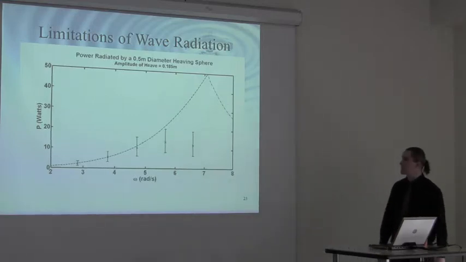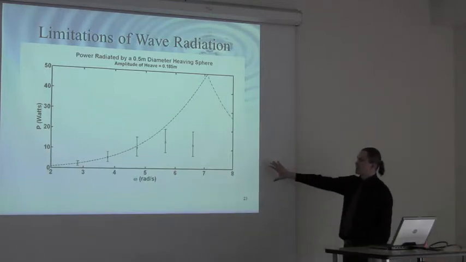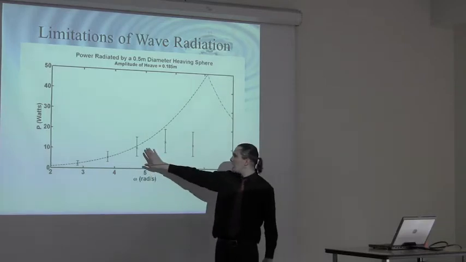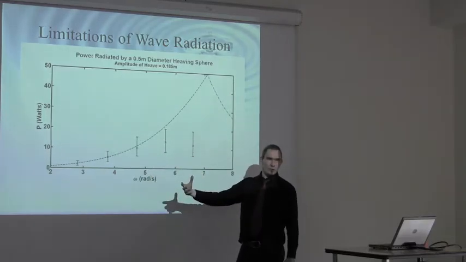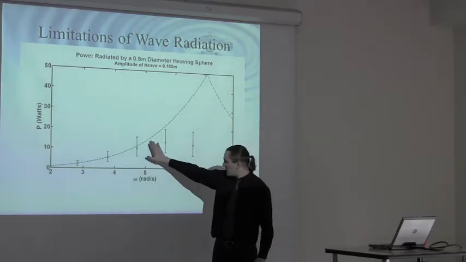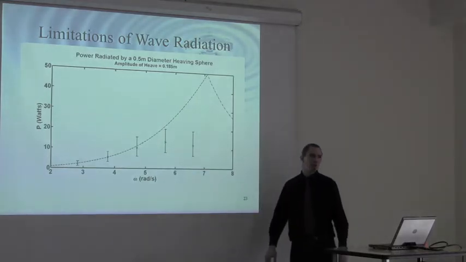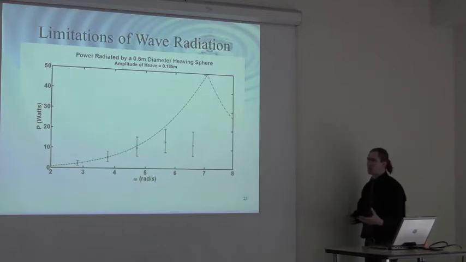That's about the best I could hope for with experimental work. But the interesting thing is that we're getting a tapering off significantly earlier than expected. And I reviewed all the video of what we were doing, and sure enough, this point here is where wave breaking initiates.